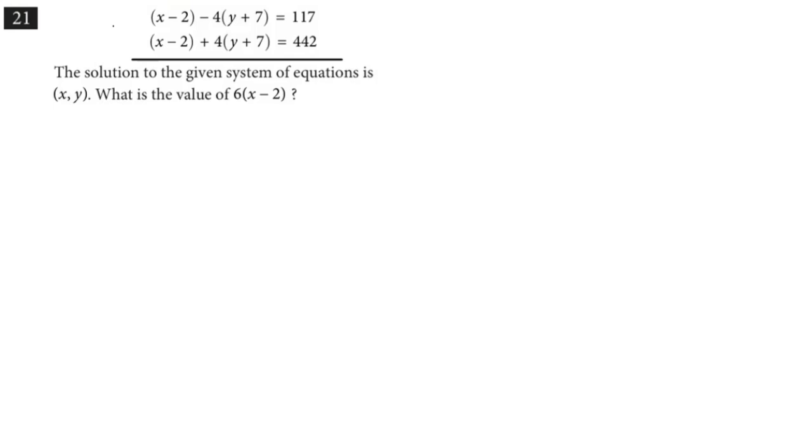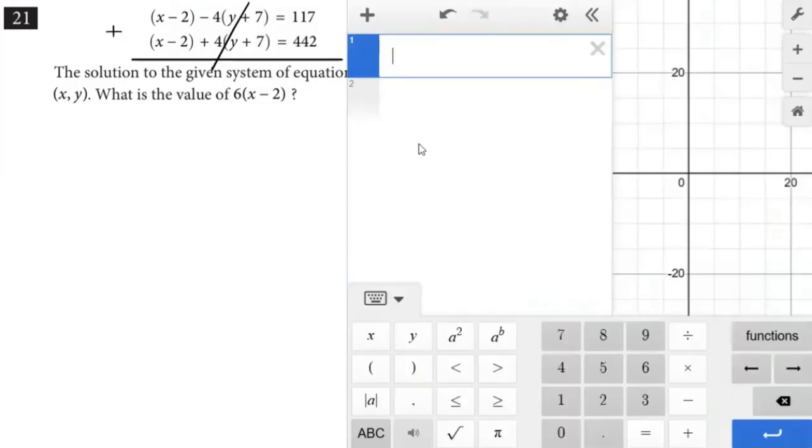If I add both equations, these two values will cancel each other, since there's a negative 4 times (y plus 7) and a positive 4 times (y plus 7). So if you add (x minus 2) and (x minus 2), you will get 2 times (x minus 2) equals, let's add these together, 117 plus 442.